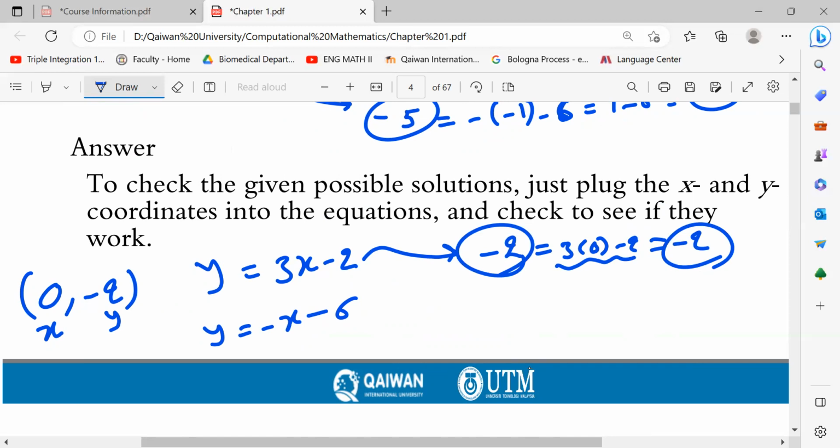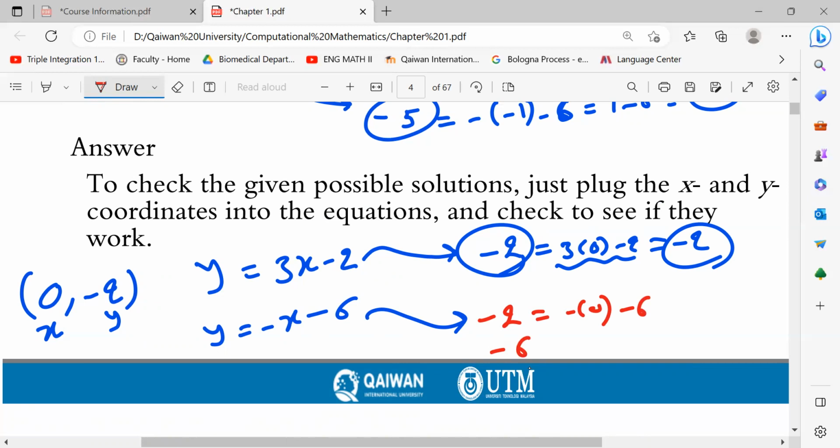Let's check if it satisfies the second or not. For the second equation, as we did in the first equation, we replace x by 0 and y by -2. This -2 is equal to -0 minus 6.